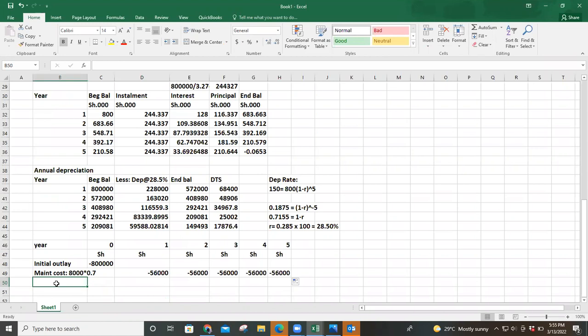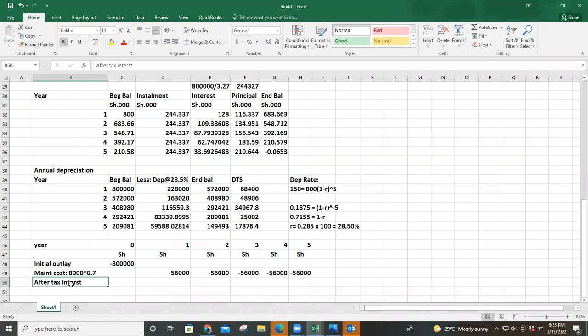After the maintenance costs, I believe we had the interest, the after-tax interest. We take our interest, which we had gotten here, and adjust for tax. So like the first one, you're having 128 times 0.7.